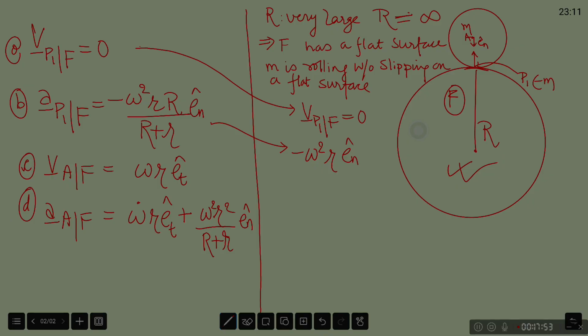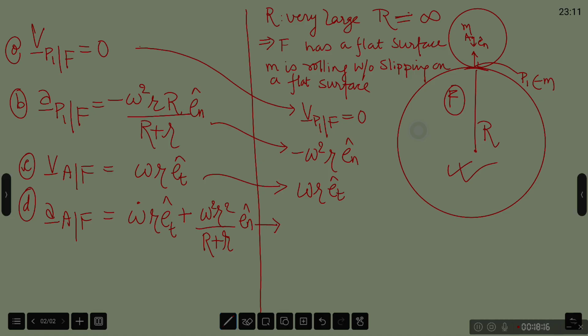As far as VAF is concerned, there was no appearance of big R, so it just remains the same. It has no influence of the fact that the surface of F is now flat. However, AAF will have some influence.